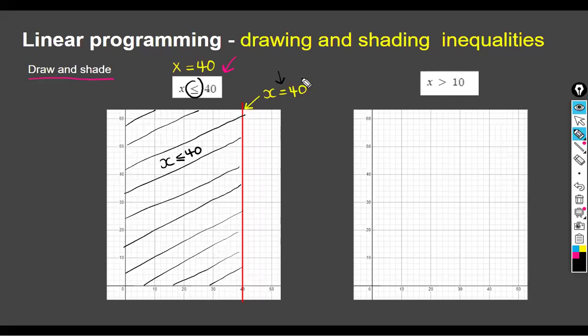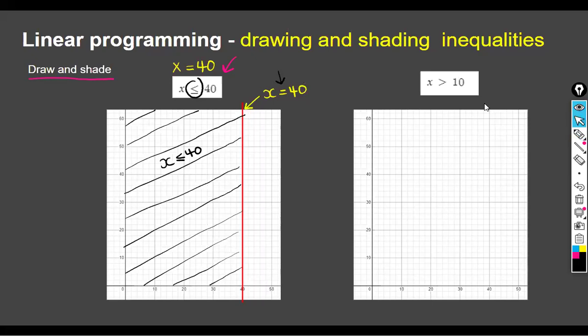Now, this one is like a million times easier than the one we just previously did. In the previous questions, we had to make y the subject, choose 3 values for x, calculate 3 values for y, draw it, and then figure out which side to shade. This one, by comparison, is super easy.